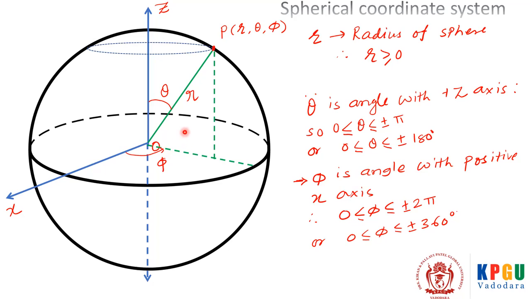So it can vary from 0 to 360 degrees, whichever way you note it down. So these are the three possible ranges for r, theta, and phi. r is a distance unit, theta and phi are angles, so they are either in degrees or in radians, right?